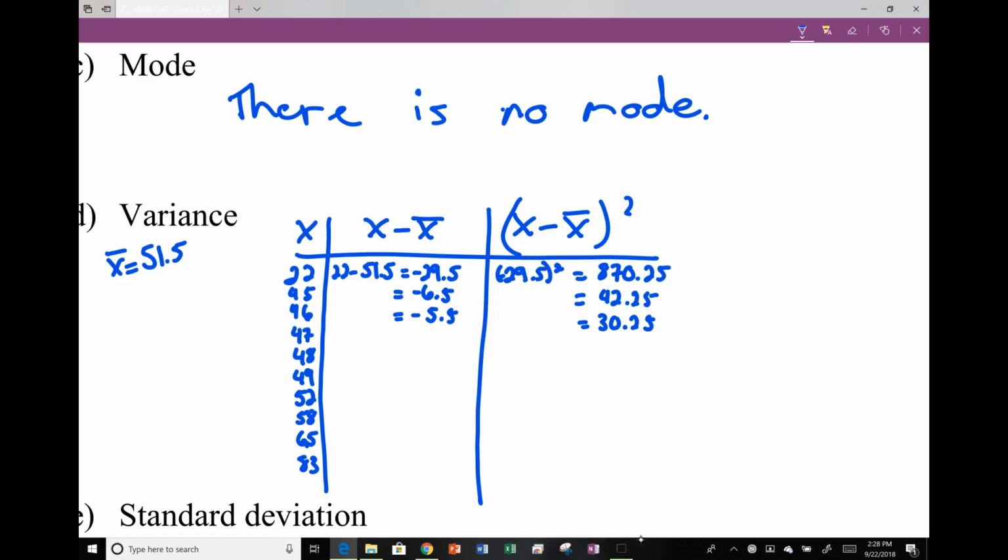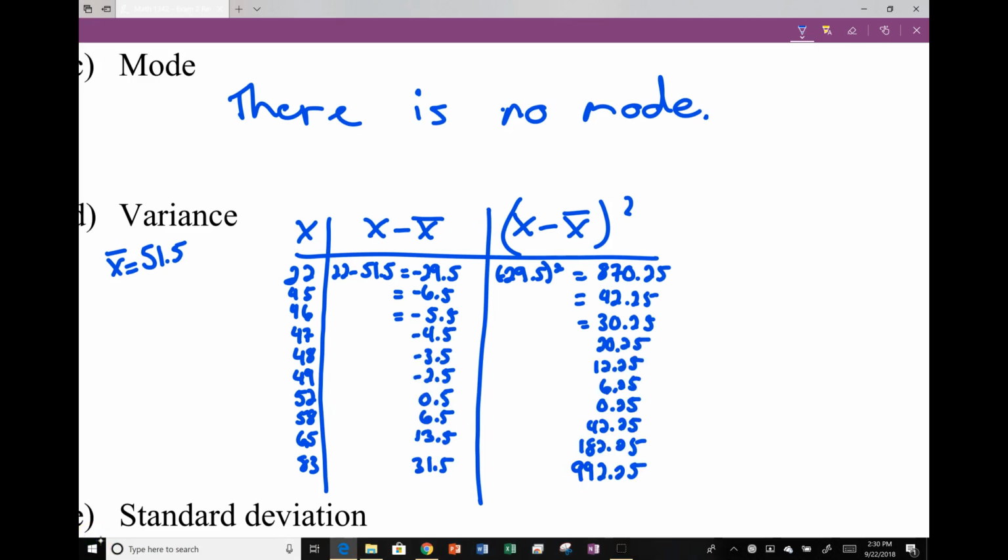Now notice that in this third column, everything is becoming positive. That's because whenever I take a negative times a negative, that's going to give me a positive. So everything in this third column needs to be positive. So now I'm going to go ahead and fill in the rest of this table. Pause the video so that you can do so, and then we will look at it.